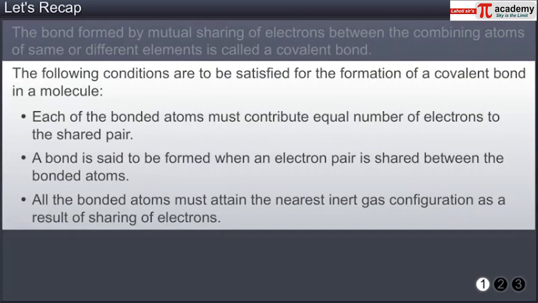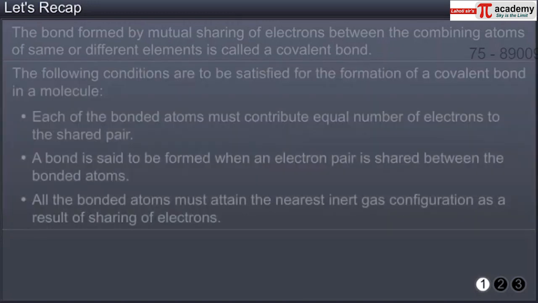Each of the bonded atoms must contribute equal number of electrons to the shared pair. A bond is said to be formed when an electron pair is shared between the bonded atoms. All the bonded atoms must attain the nearest inert gas configuration as a result of sharing of electrons.